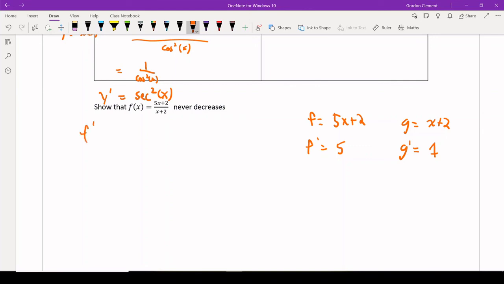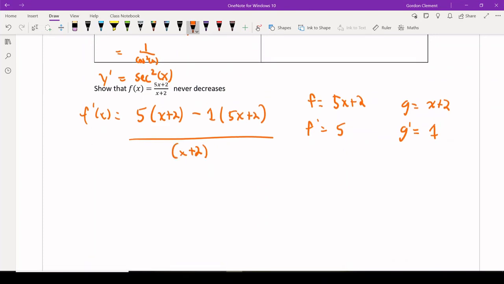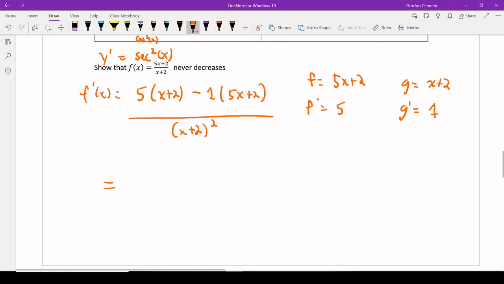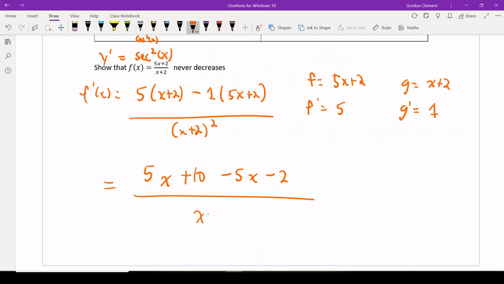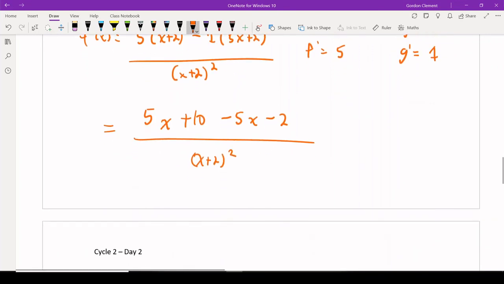All right. F prime 5 times g, x plus 2, minus g prime 1 times f, 5x plus 2, all over g squared. All right, so there's our derivative. We're going to want to simplify it. So I would just expand the top out. Notice that those 5x's cancel, and I get 8 over x plus 2 squared.